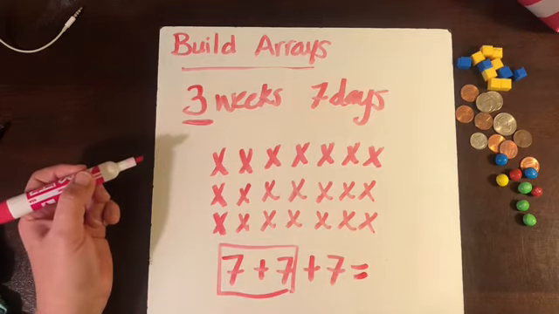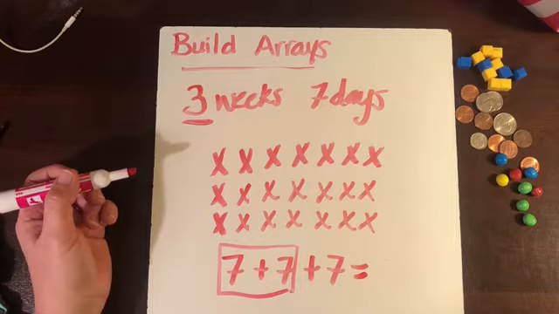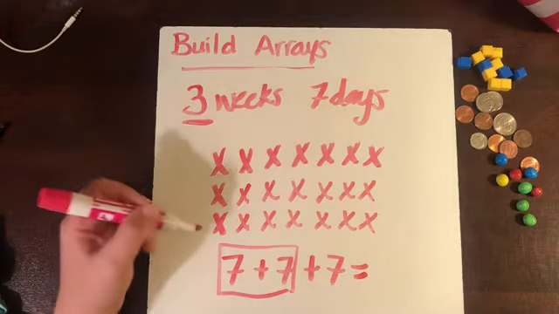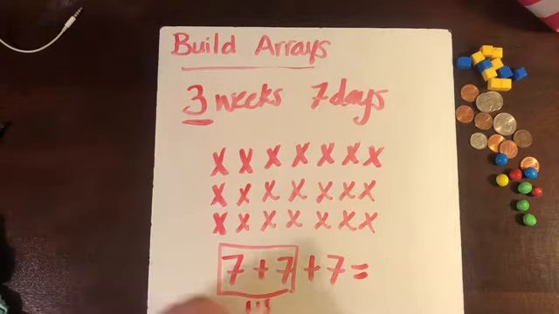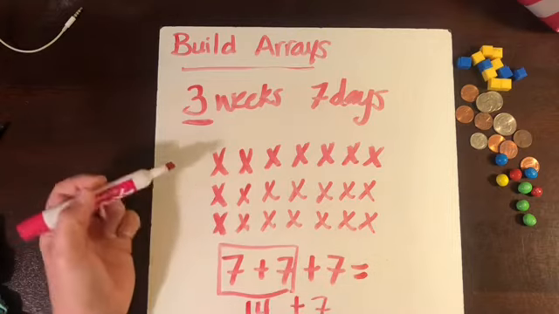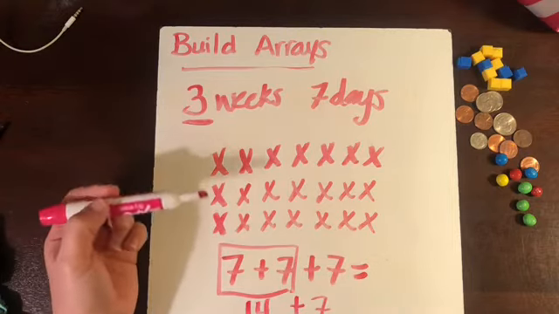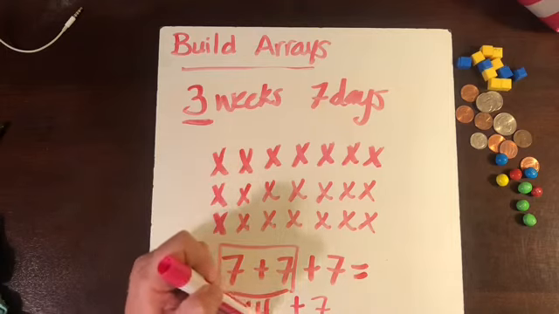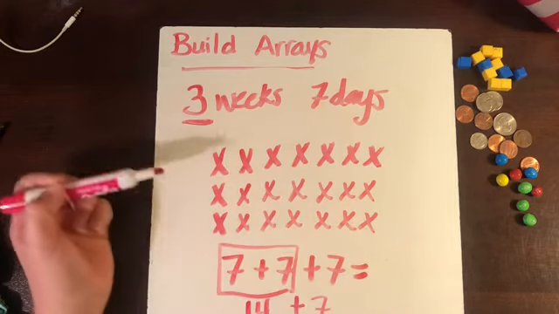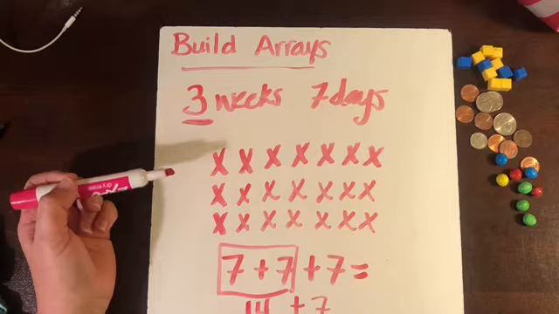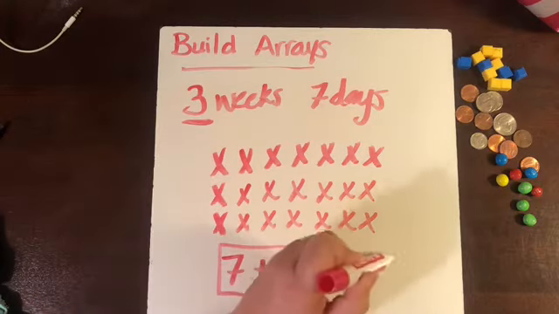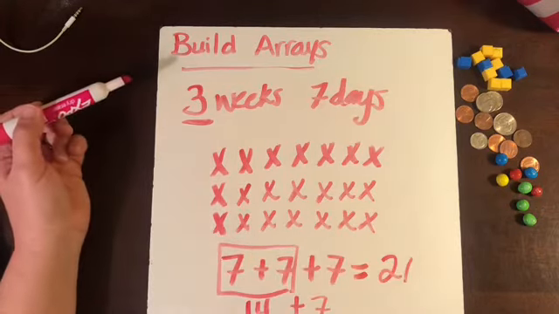If you're having a hard time with that one, go with a doubles fact that you know, and work around it. I know 6 plus 6 is 12, so 7 plus 7 would be 14, and I'm going to add 7 more. Again, if that's hard, do the easy math in your head. What is 4 plus 7? That is an 11. Add my 10, and my answer is 21.